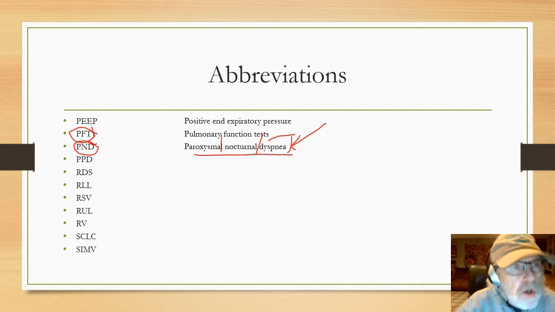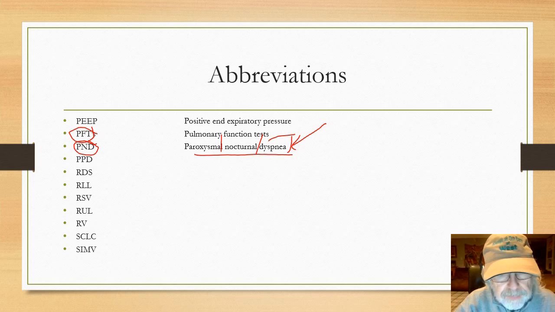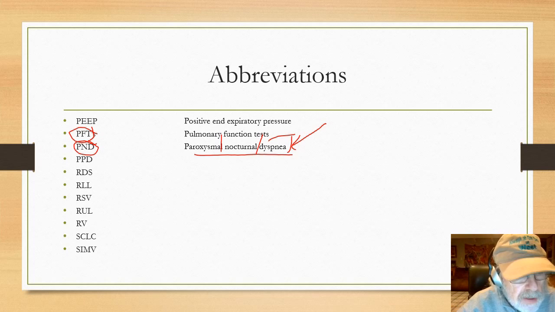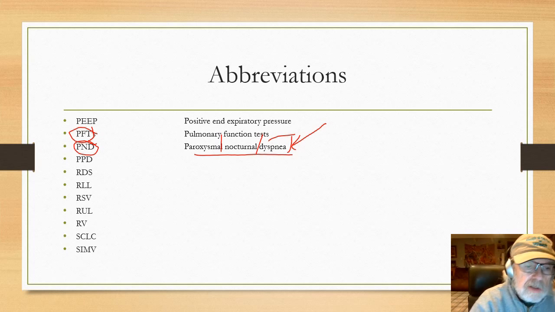When they lie down at night, they don't have to worry about gravity. All the fluid that's built up in their ankles gets back into the circulatory system, overloads the lungs with vascular flow, and they get short of breath at night. So it's more of a cardiovascular related thing than actually a pulmonary thing, but it's a pulmonary manifestation.